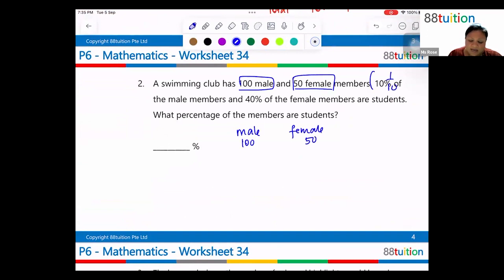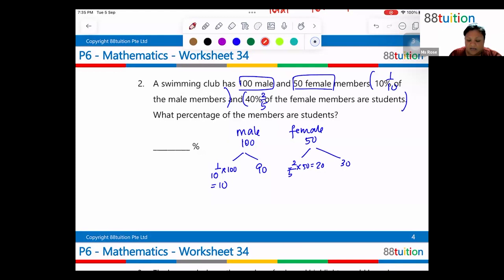Now, 1/10 of the male members, so we have 1/10 of 100 to give me 10. So that's 10 and 90. And 2/5 of the female members, 2/5 times 50 to give me 20. So that's 30 students.